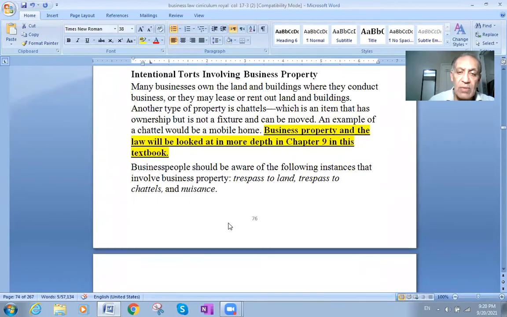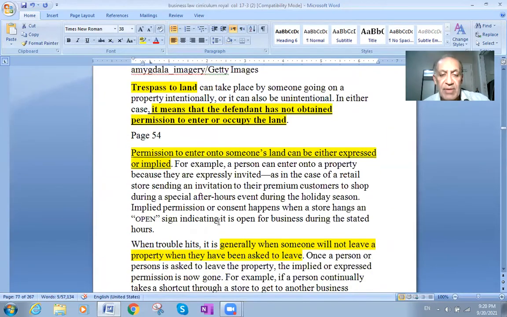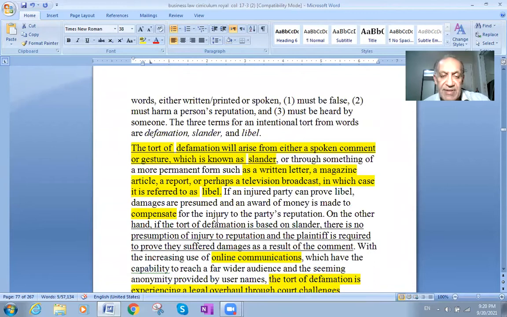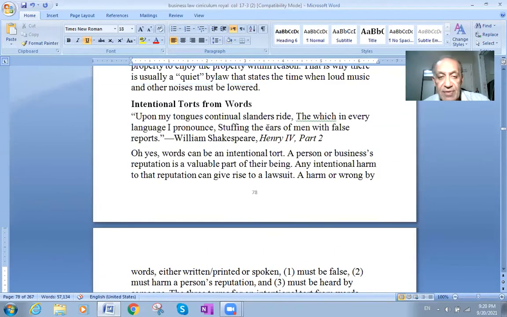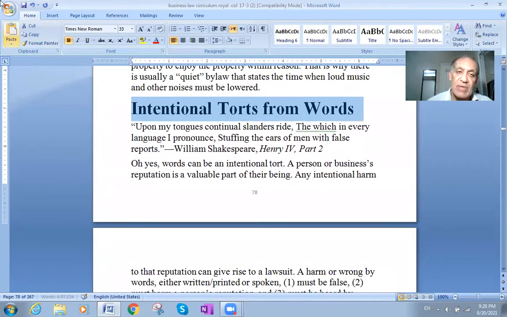Now we'll move into trespassing to lands, and this is not a part of the business. We have also another type of tort: intentional torts from words, like when you scold someone or abuse someone. We call it intentional torts from words.